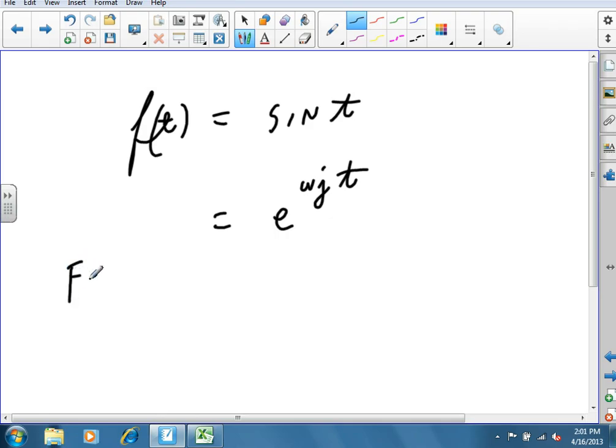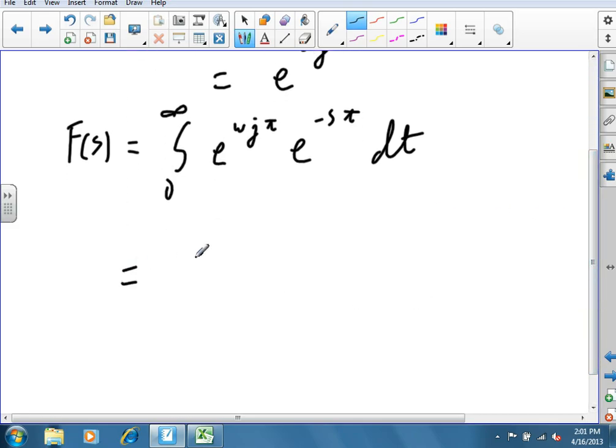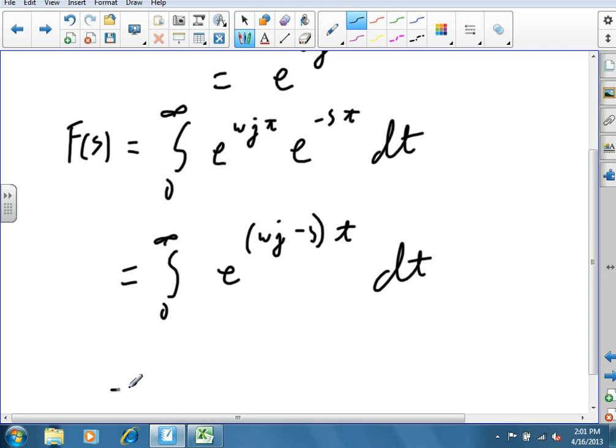Okay, so F of s is the integral from 0 to infinity of e to the omega jt times e to the minus st dt. All right, so that's going to be the integral from 0 to infinity of e to the omega j minus s, t dt.